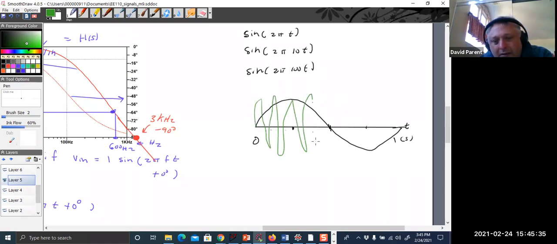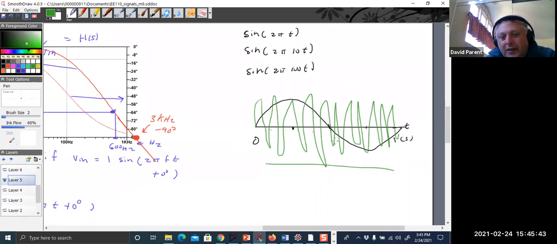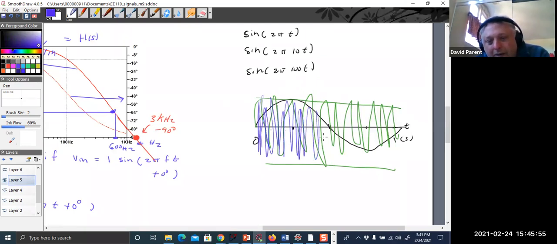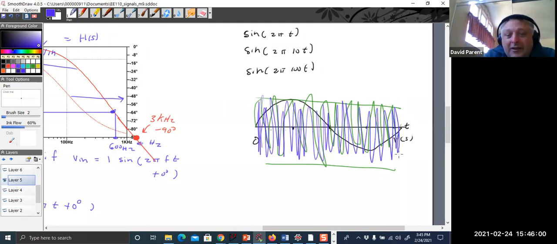Of course, the amplitudes are changing in my drawing, but imagine they're all the same, right? I'm trying to fit 10 of those in there. Now, I'm trying to fit, you know, it looks kind of like I'm just coloring in a coloring book, not very nicely, right?